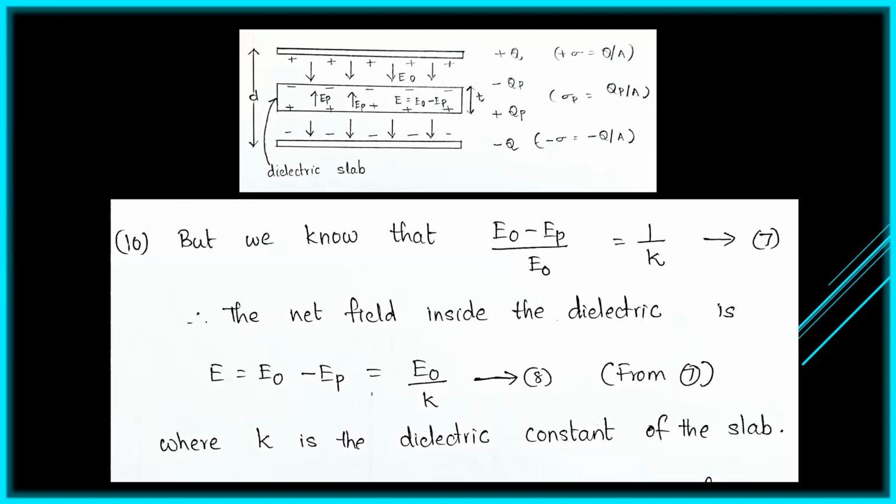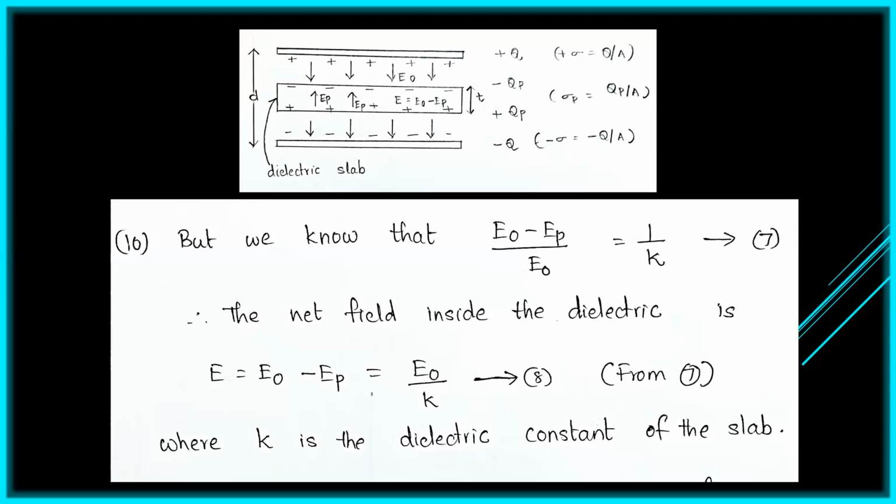Therefore, the net field inside the dielectric, E, is equal to E naught minus EP. But from equation 7, E naught minus EP is equal to E naught by K. You can send the E naught of equation 7 to the right side.